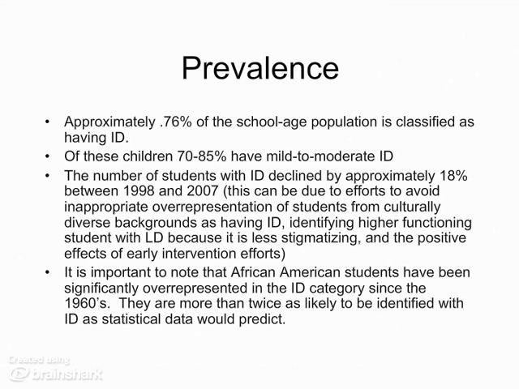Students who are African American are more than twice as likely to be identified with intellectual disability as statistical data would predict, meaning they're being over-identified as having ID, but statistically that should not be occurring.